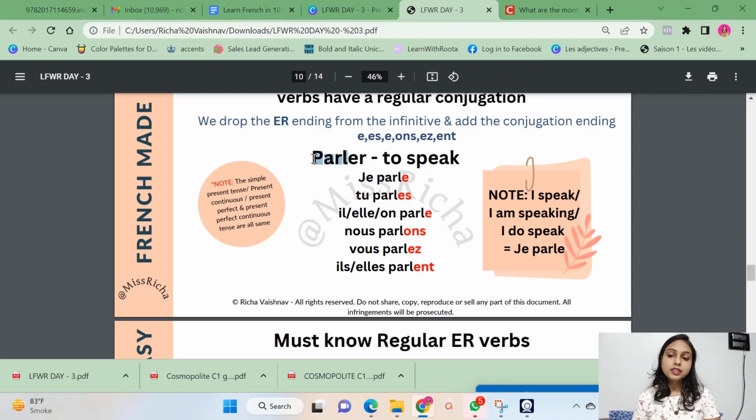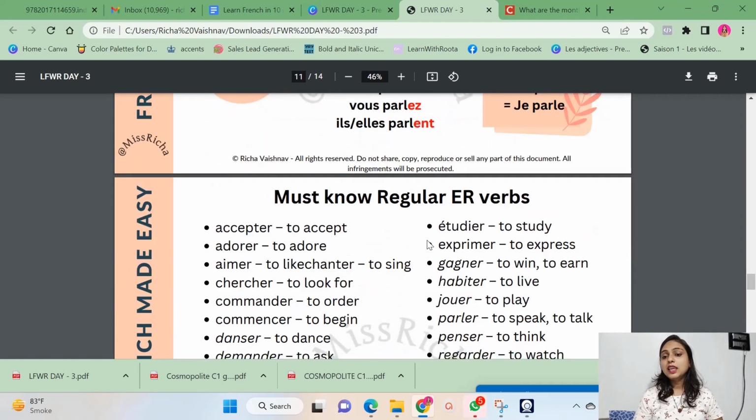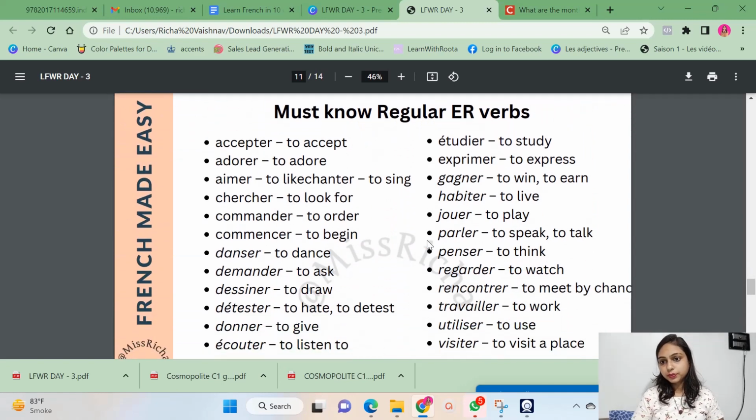These letters become my radical, as it is called in your books. So to the radical, I just have to add the endings, the terminaisons, which are e, es, e, ons, ez, ent, ent. The same logic applies here also.